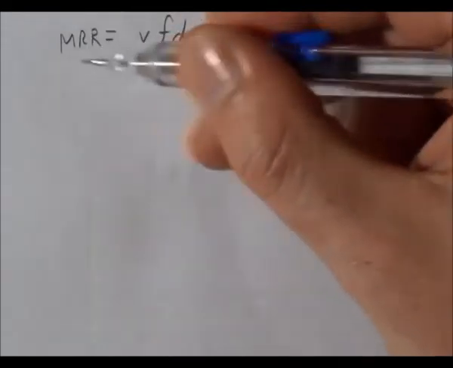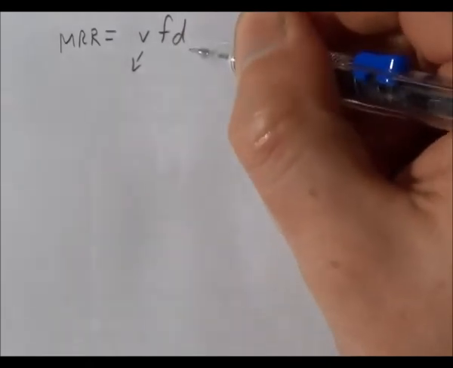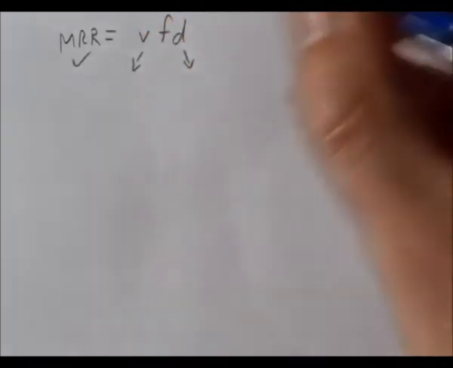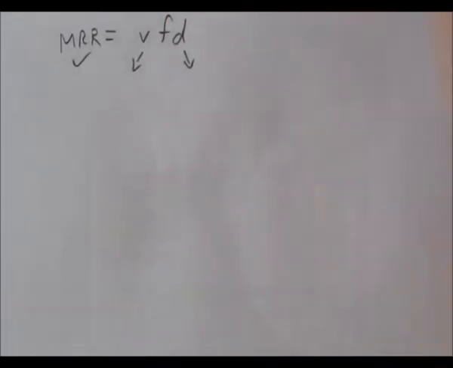To be able to use this equation, we need to first get V and d. We're given material removal rate, so then we can calculate the feed.